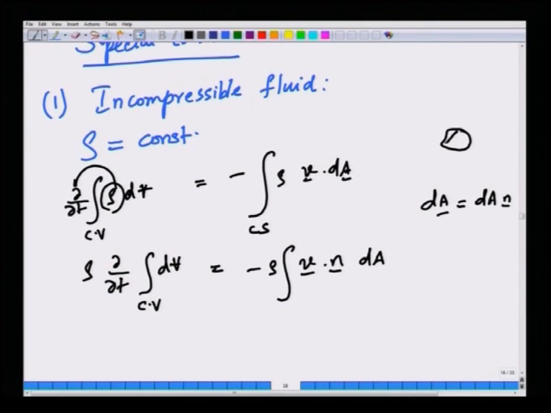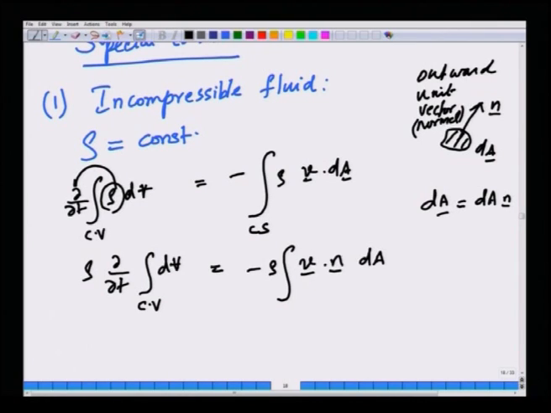Whenever you have a small patch of area, it is denoted by a magnitude and a direction. The normal pointing from in to out is called the outward unit normal, a unit vector normal to the surface.